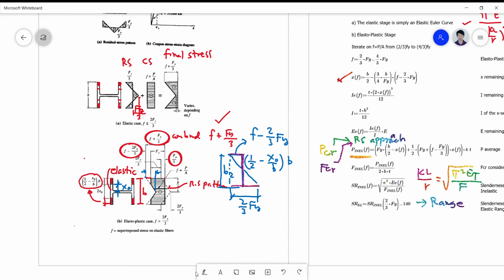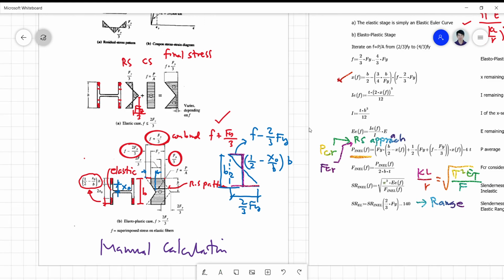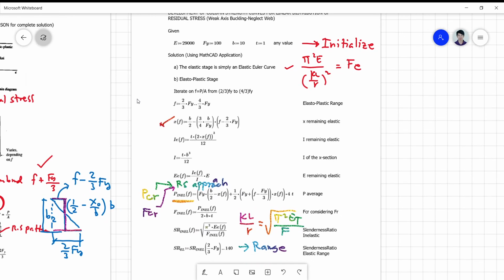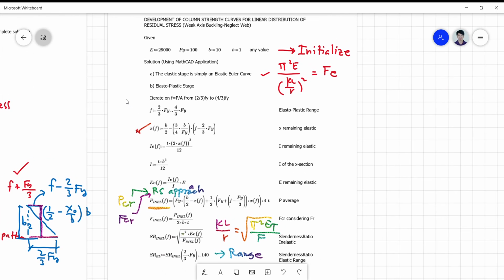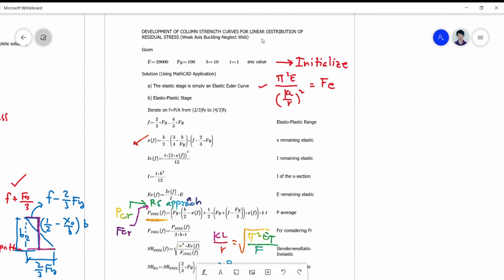But I did it instead of using a manual calculation. I want to present to you a MathCAD computation that will serve as your guide for programming in case you need it. Okay, so the MathCAD computation, I will be explaining in a separate video.